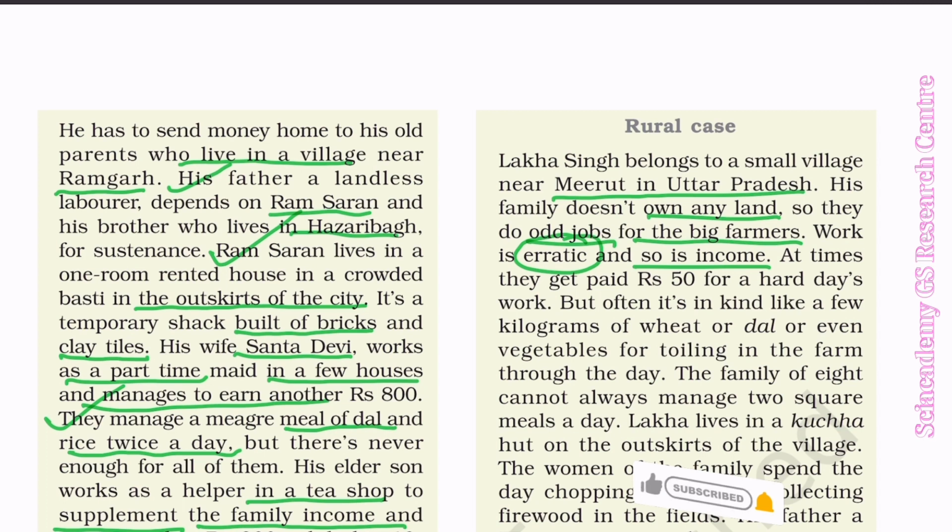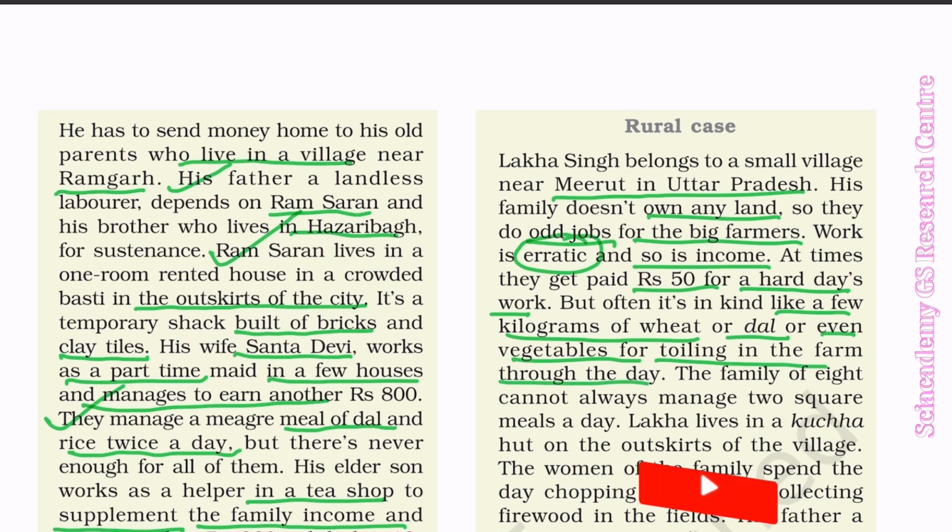At times they get paid rupees 50 for a hard day's work, but often it's in kind, like a few kilograms of wheat or dal or even vegetables for toiling in the farm through the day. The family of eight cannot always manage two square meals a day.